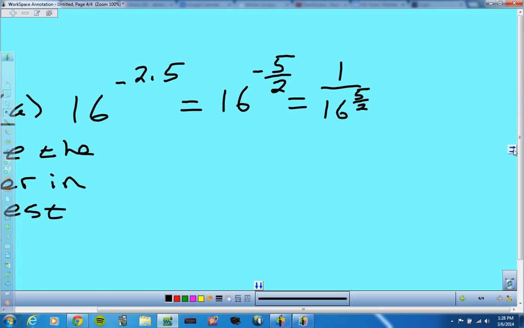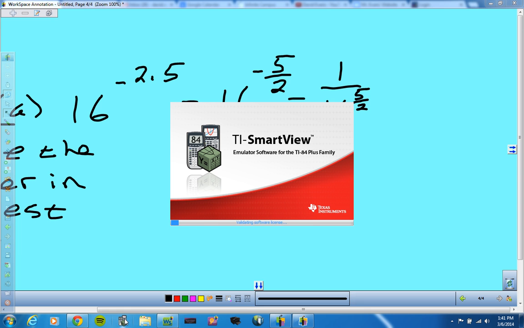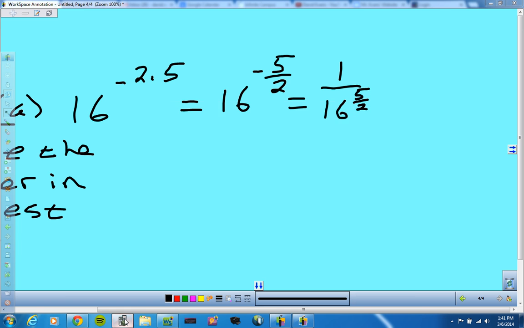So then what do we have to do? How do we rewrite it? Where does the 2 go? The denominator goes in the index, and the 5 goes next to the base. So we've got 1 over the square root of 16 to the 5th power.